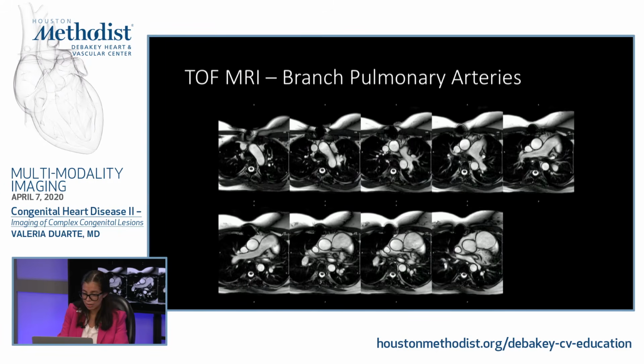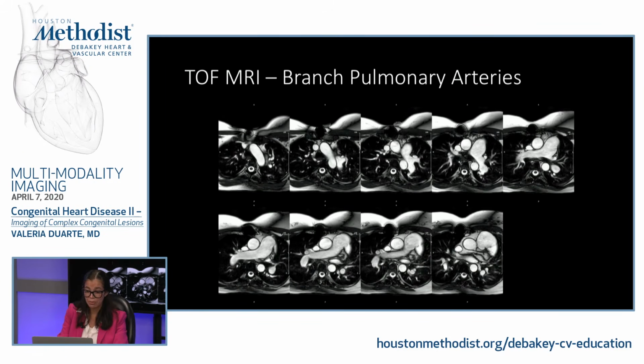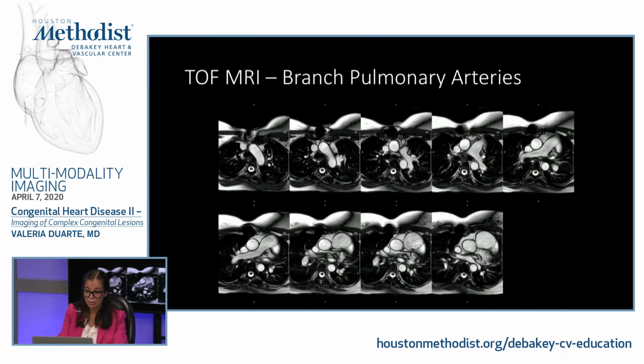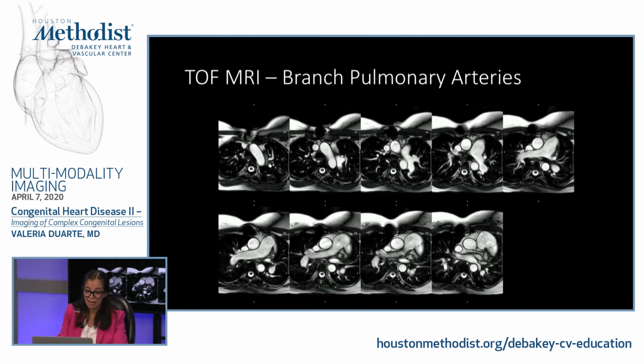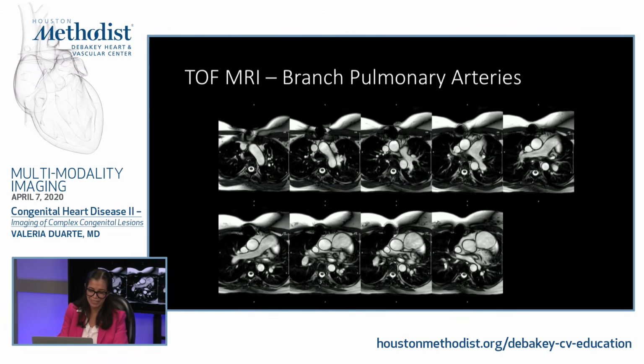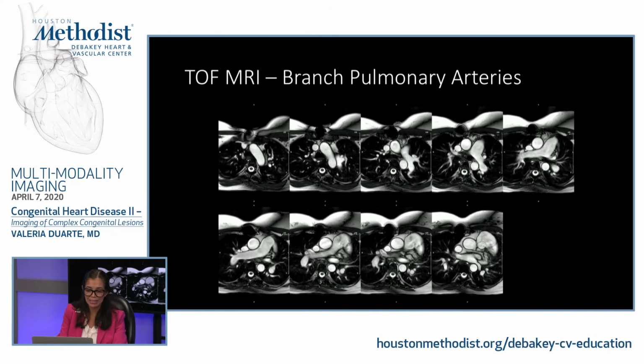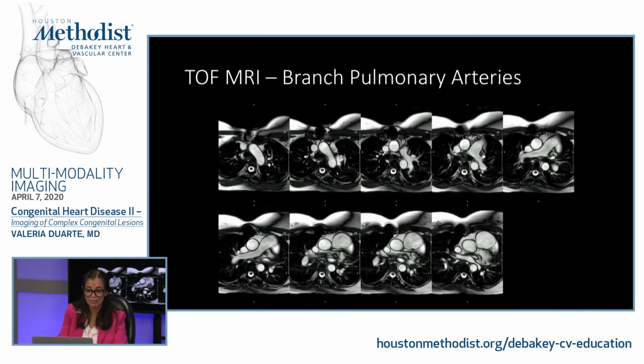And so always show the anatomy of the branch pulmonary arteries, especially in first studies, right? If this is the first MRI the patient is having, I always ask our techs and fellows, that are wonderful, to get a flow in both PAs, because we need to report what percentage of the pulmonary flow goes to the right and what percentage goes to the left.